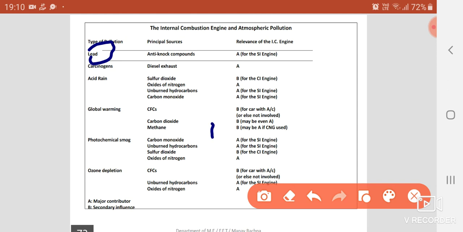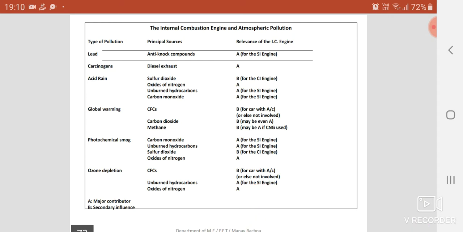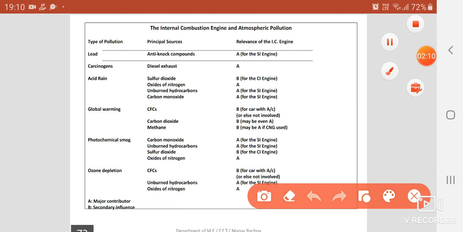Then second is carcinogens. Carcinogens is cancerous. This comes out of diesel exhaust. This is carcinogen. You can see this.